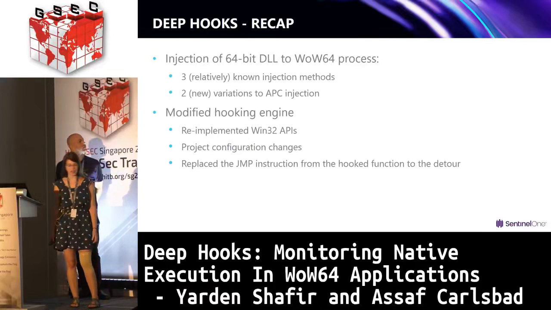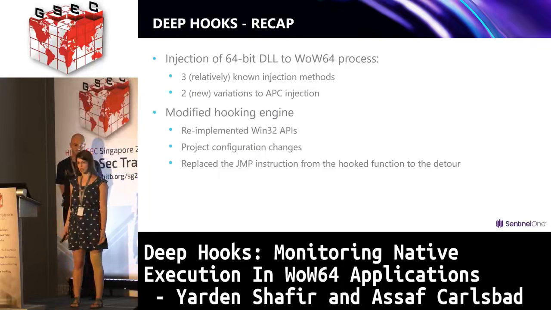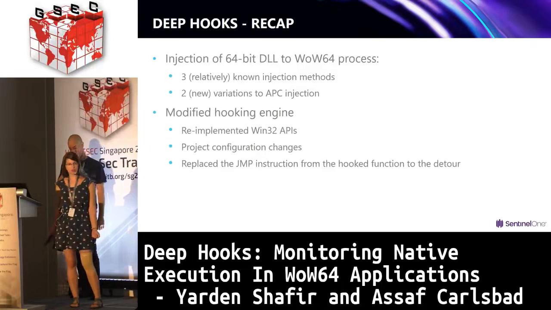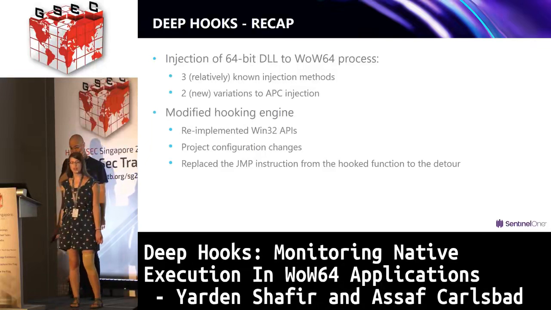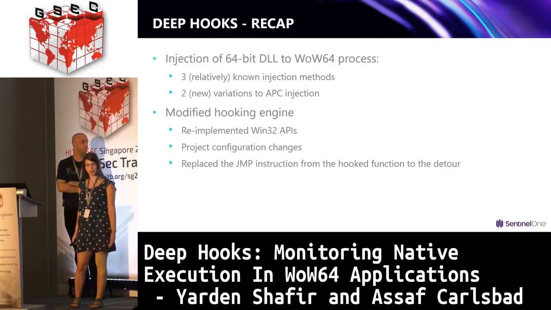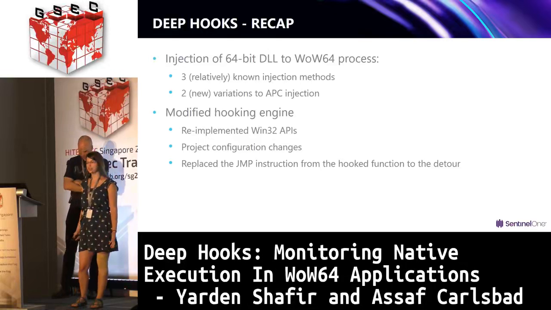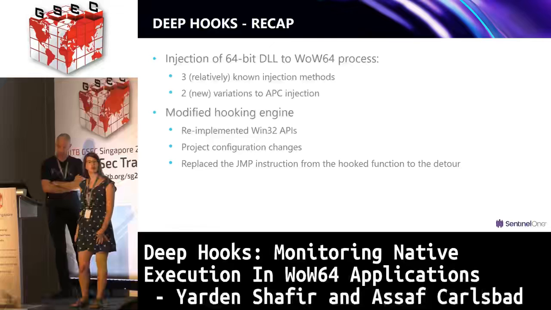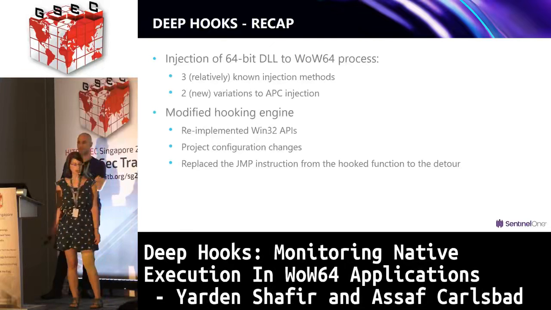We took an existing one, in our case we used MinHook, and modified it to allow it to work inside of WoW64 processes. First we had to strip it of dependencies other than native NTDLL, and then we had to replace the jump instruction normally used by hooking engines with, in our case, a push ret solution to allow it to work on all Windows versions.